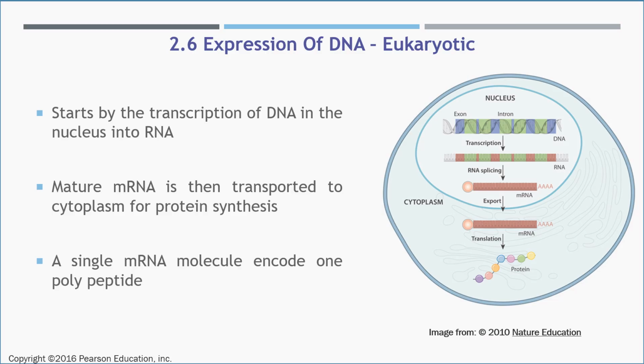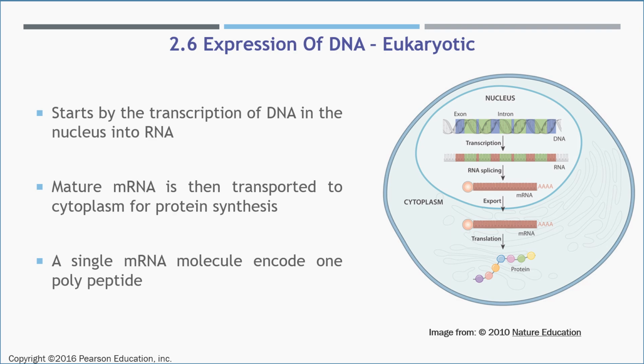And here, this is a fascinating topic that we already talked about. I'm not going to cover a lot of this, but I'm sure that you remember that in eukaryotes, transcription and translation are much more complex than in bacteria.